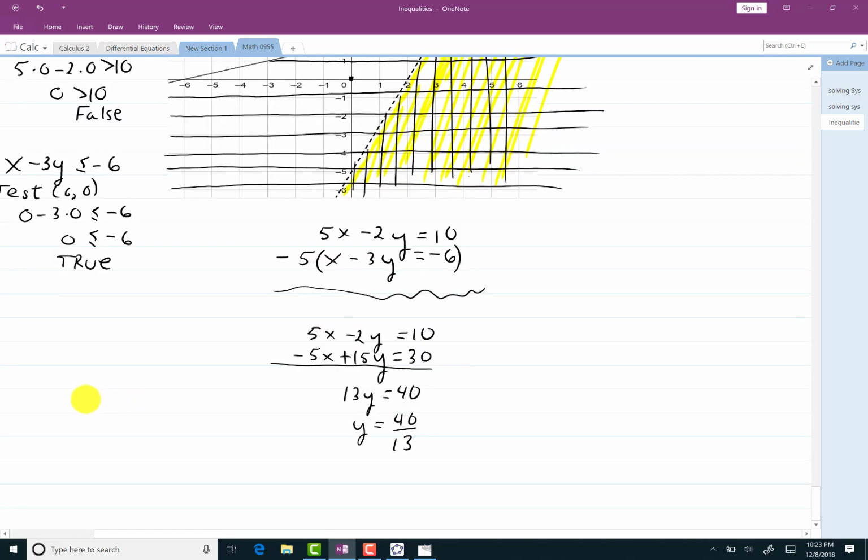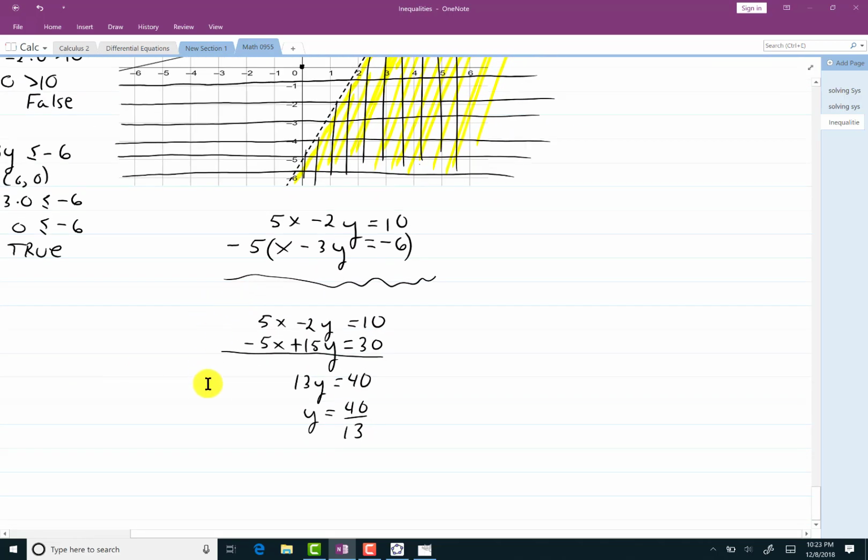If we look here, my y value is just a shade bigger than 3. Now if I want to go and find the x value, I'll eliminate the y's. Let me rewrite these. This time, to eliminate the y's, I think I'll multiply the first equation by negative 3. That way I'll get a positive 6y. And the second equation by 2. That way I'll get a negative 6y. Here's what happens to my equations then.